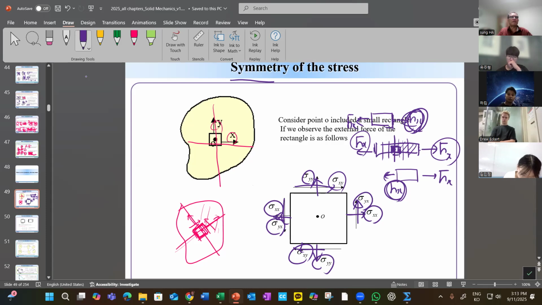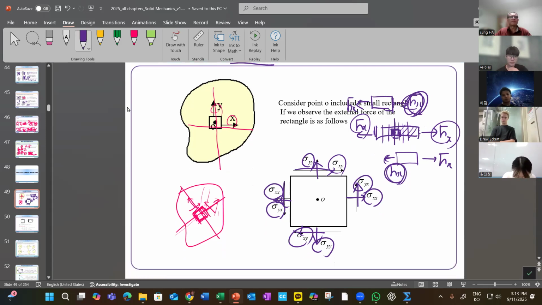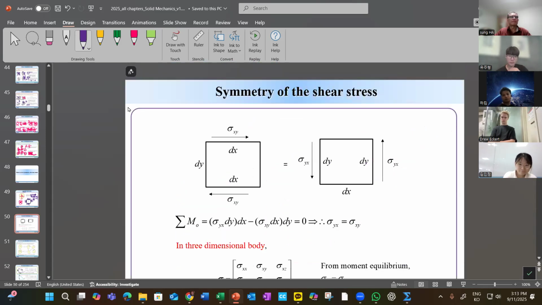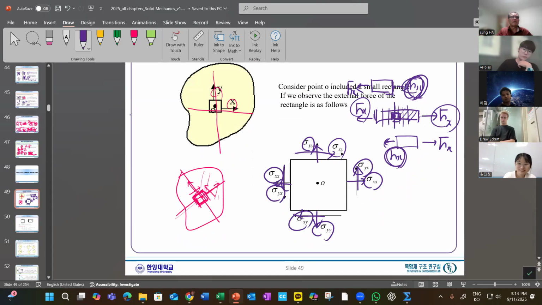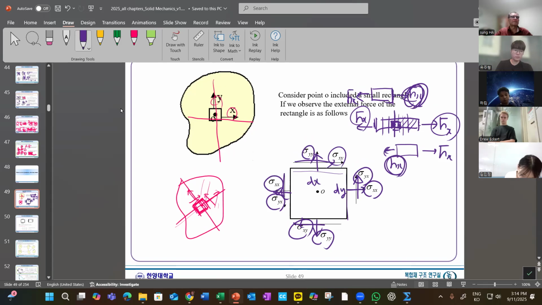What does it mean? Symmetry of the stress. Okay, this rectangle, I would say, has a very small length, dy. This is a small length, I mean dx.